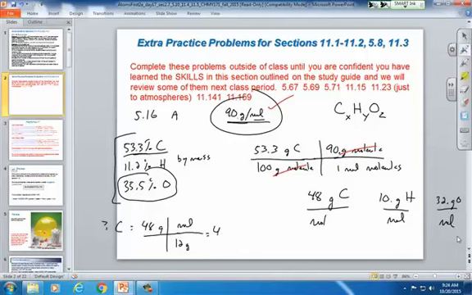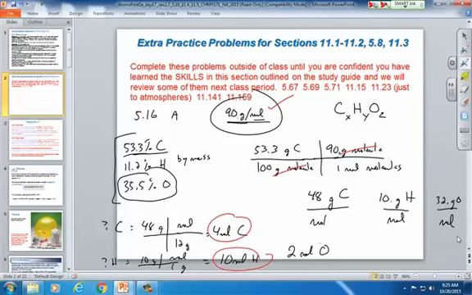So that's going to give me 4 moles. If I do the same thing for the hydrogen, how many moles of hydrogen do I have in 10 grams of hydrogen? Well, each hydrogen on average is about 1 AMU, so 1 gram per mole. So that's going to give me 10 moles of hydrogen. And if I do the same exact thing for the oxygen, 32 grams of oxygen divided by 16 grams per mole gives me 2 moles of oxygen.